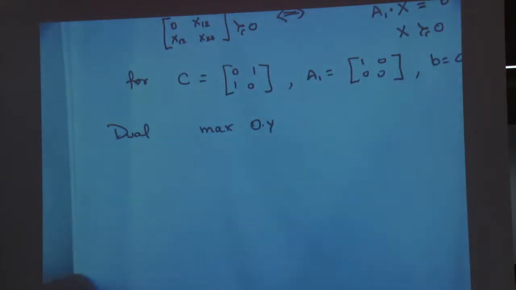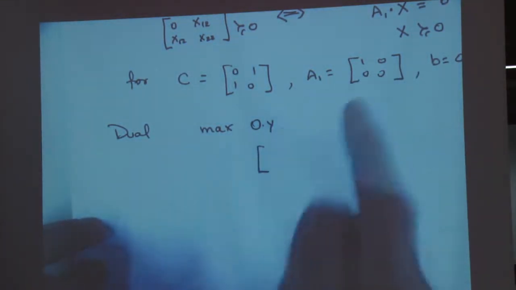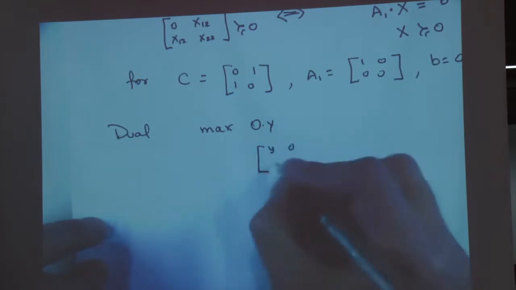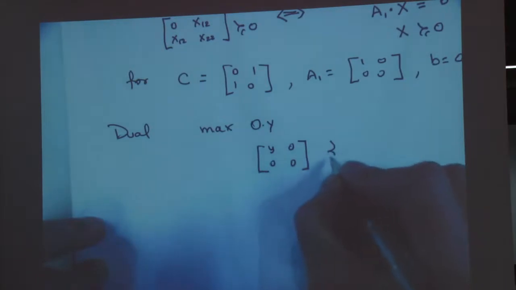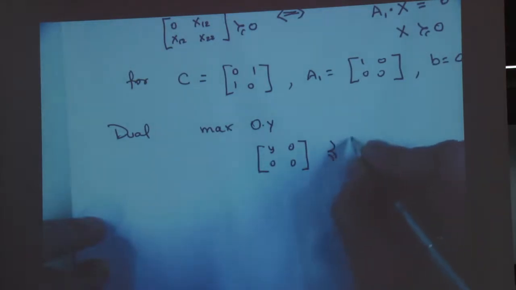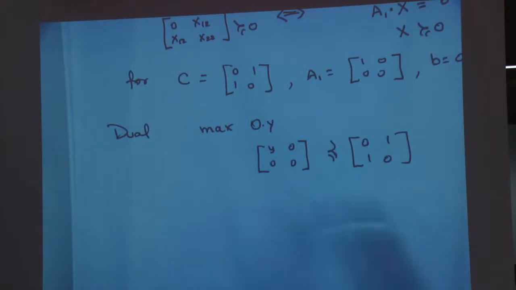Then the constraint is that A star Y plus S should be equal to C. So that is Y times [1, 0; 0, 0], less than or equal in this order to C, which is [0, 1; 1, 0]. I just wrote it without the slack variables to write it a little more simply.